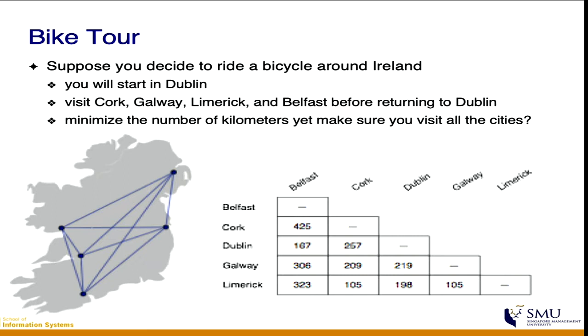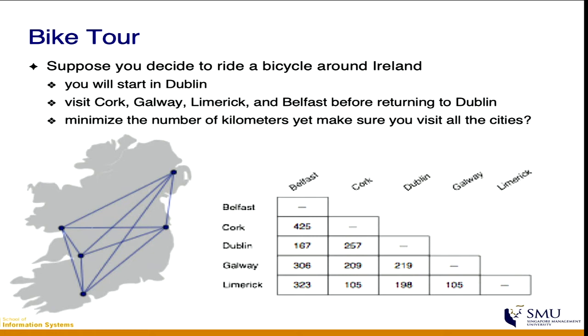You're given a distance matrix. Here, in the distance matrix, you're only given half. You're given half because the distances are assumed to be symmetric. If you know how to go from one city to the other, then the other way around would be exactly the same distance. For example, Cork and Belfast: going from Cork to Belfast is 4 to 5. For you to return from Belfast to Cork is going to be the same.